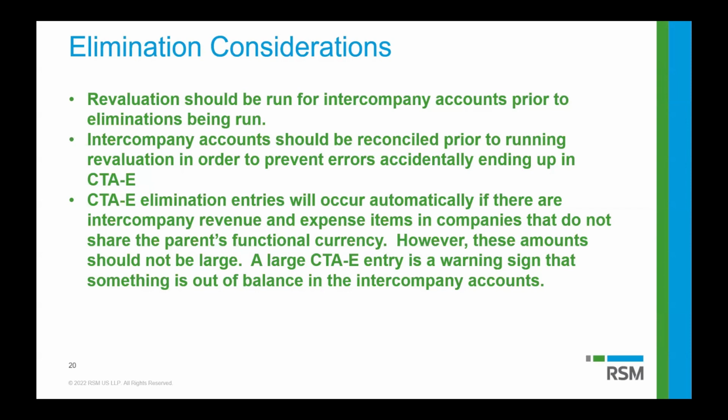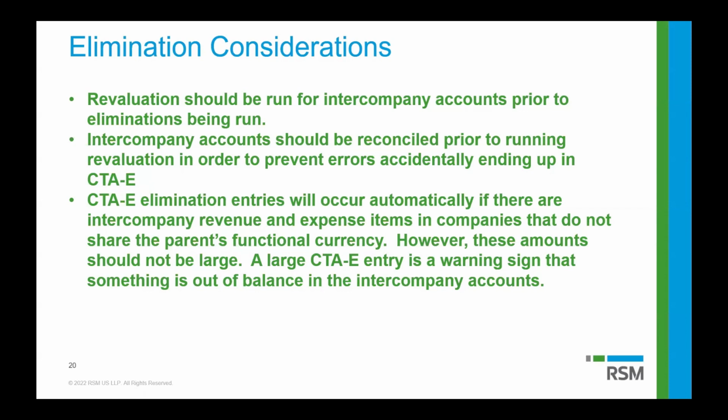And at that point, I will get a little bit of CTA-E when I actually book the elimination entry. However, again, a large CTA-E entry is a warning sign that something is seriously out of balance and needs to be investigated. That's why I say you should always reconcile your intercompany balance sheet accounts before you actually run revaluation.